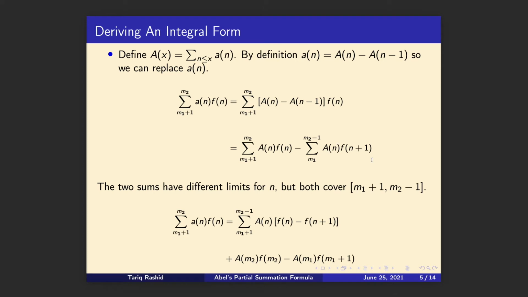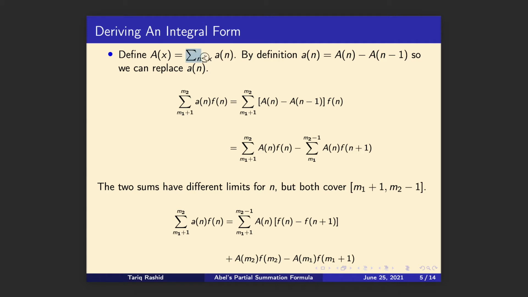Now we're going to make a definition because it's a useful function to have, and it plays a part in the result. It's this idea of the partial sum of the arithmetic function. So A of x is the sum of the arithmetic function an, all of them up to and including x, where n is integer.